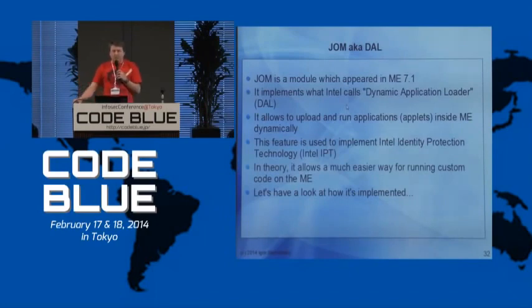It appeared in ME 7.1, and it allows you to dynamically load and run new applications inside the Management Engine. Right now it's only used for Intel Identity Protection Technology, Intel IPT, but in theory it might allow you to run any kind of code inside.